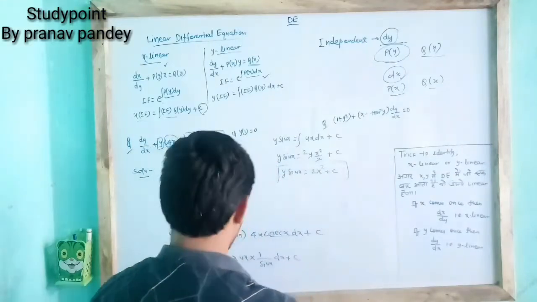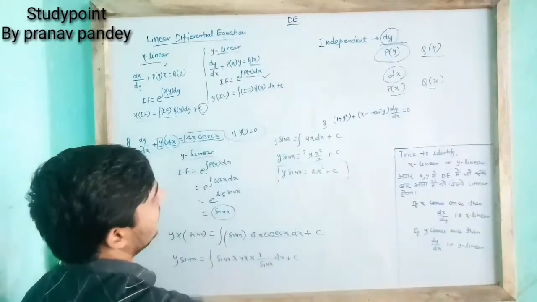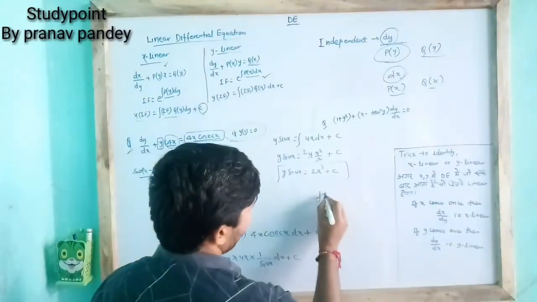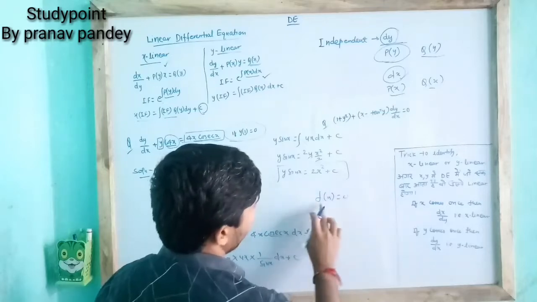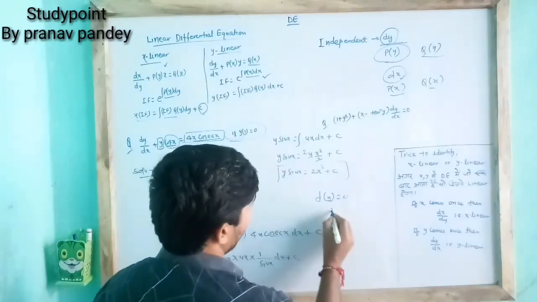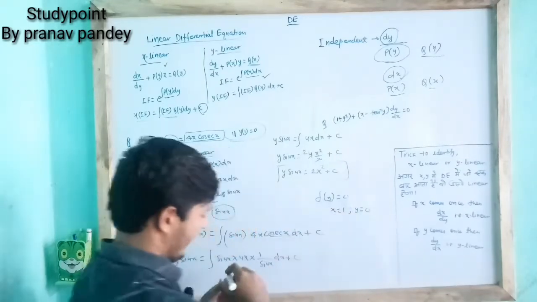This is the required equation, but here a condition is given. If y of 1 is equal to 0, y of 1 means what? F of x is equal to 0. This kind of function it is. So here the value of x is given 1. So at x is equal to 1, y is equal to 0.